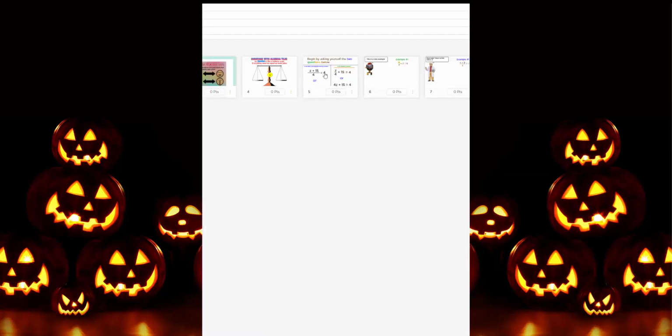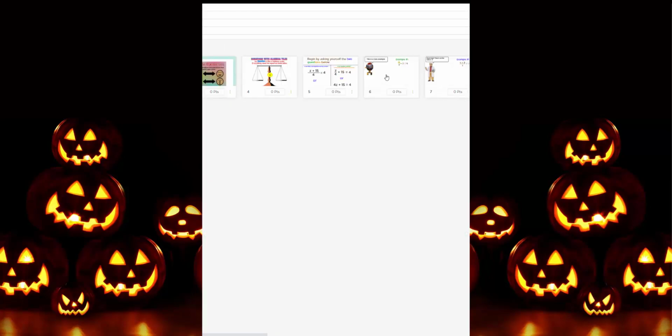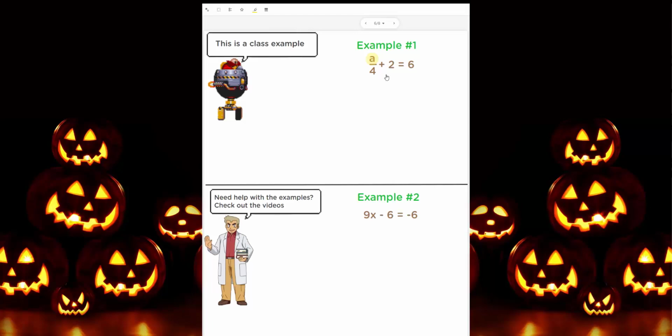How do we cancel those numbers out? Well, we're going to use inverse operations. So we will use addition to cancel out subtraction. We'll use multiplication to cancel out division. We'll use subtraction to cancel out addition. And we'll use division to cancel out multiplication. So keep that in mind as we move through these examples.